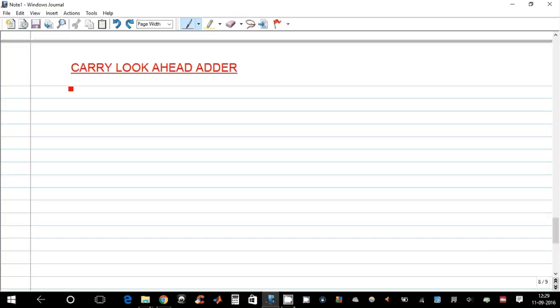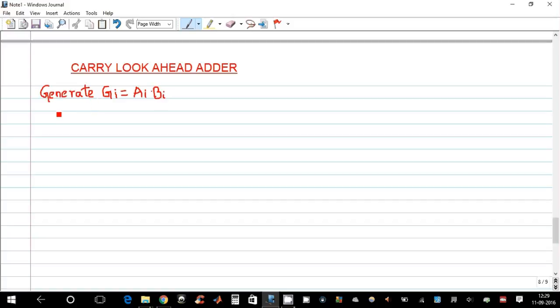In the carry look ahead adder, we need to define two terms. One is the generate term. Let us denote it by Gi, that is equal to the ANDing of Ai with Bi, that is Ai into Bi. So this is our generate term.